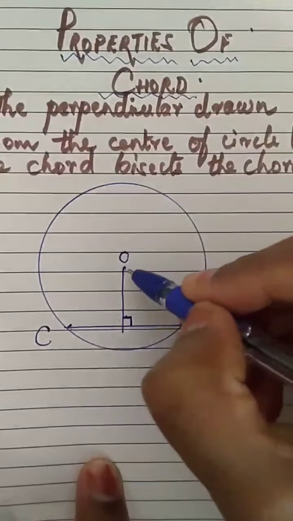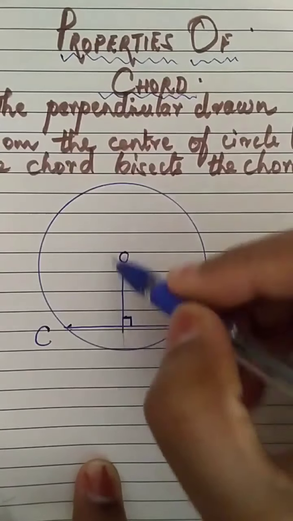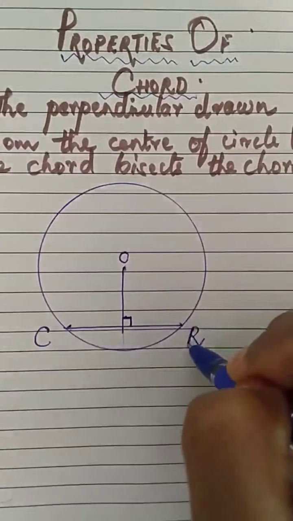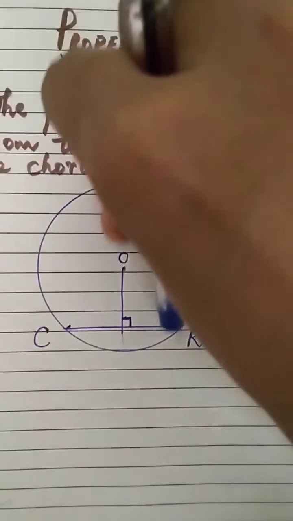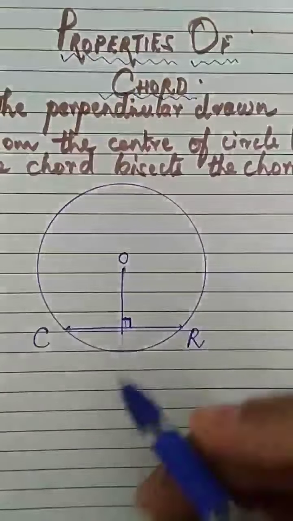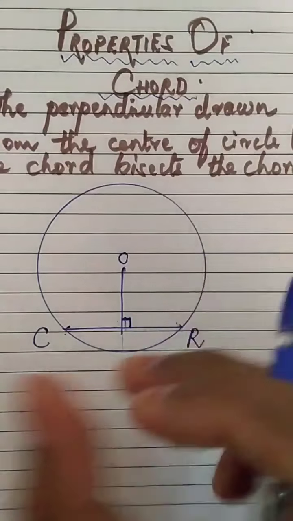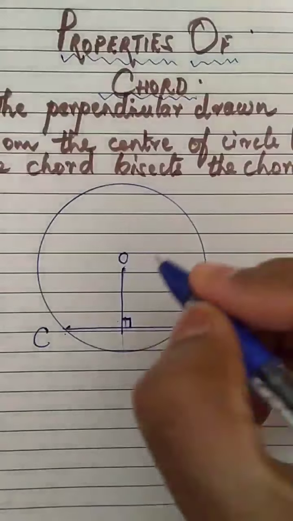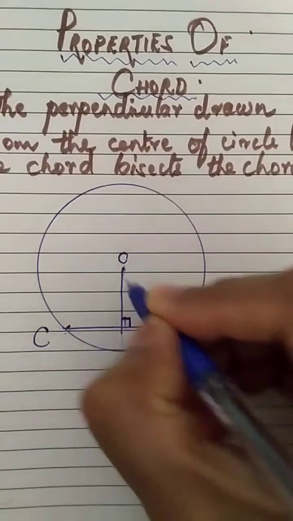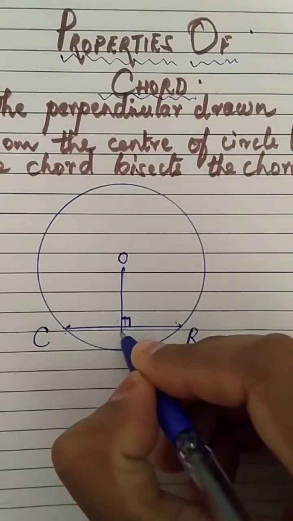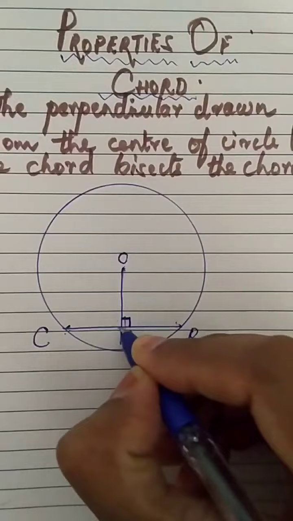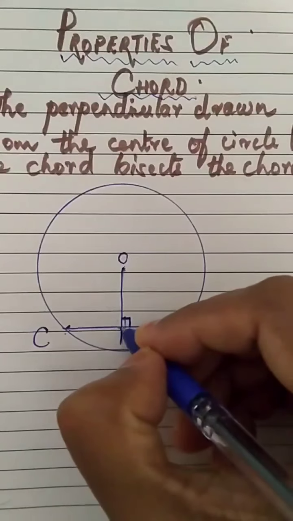So there is a perpendicular which is coming and which is meeting the chord. As soon as this perpendicular meets the chord, what will happen to this chord? This chord will be divided into two equal parts. The point where the perpendicular is meeting the chord, I'll write it as M. So OM is the perpendicular.